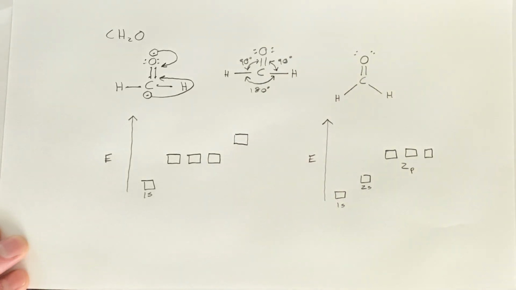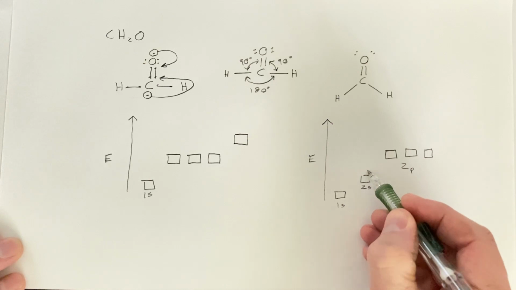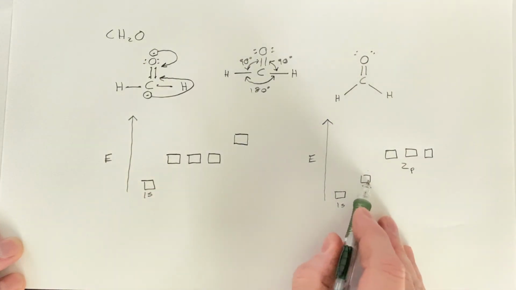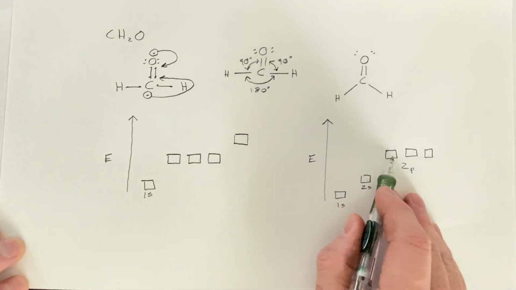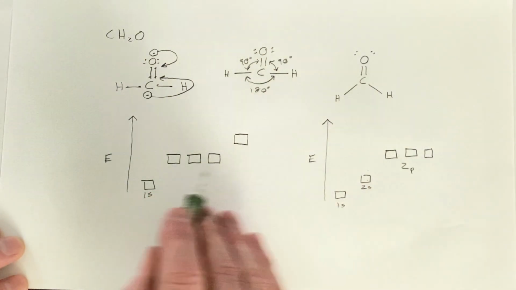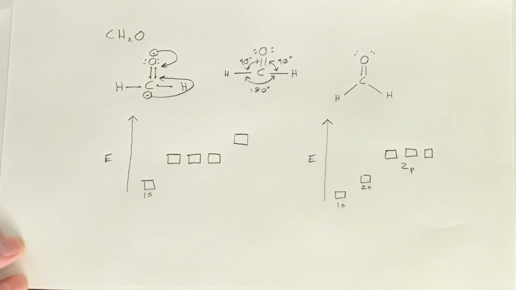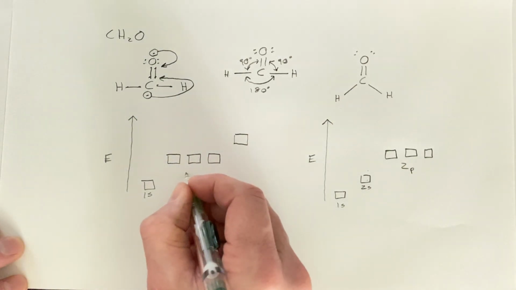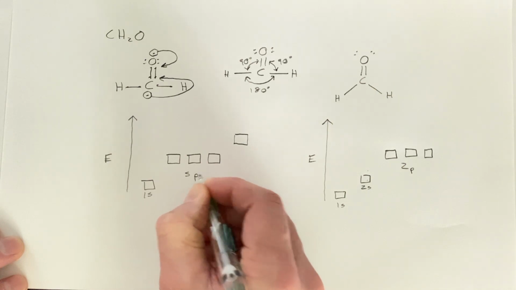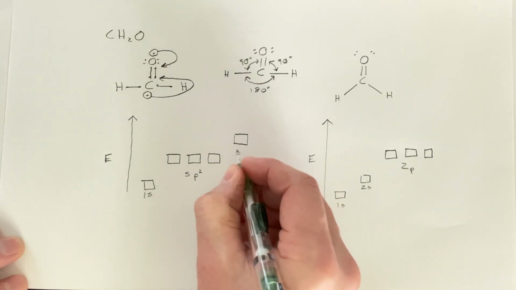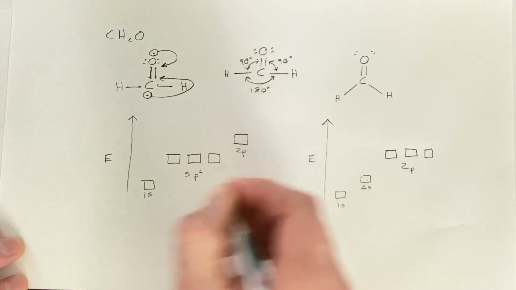Well, what we'll do is we will raise the energy of the 2s orbital, as we see it's up a little higher from where it started, and lower the energy of 2p orbitals. So to make this orbital diagram, we used a single s orbital and we used 2p orbitals. We still have an unhybridized 2p orbital.